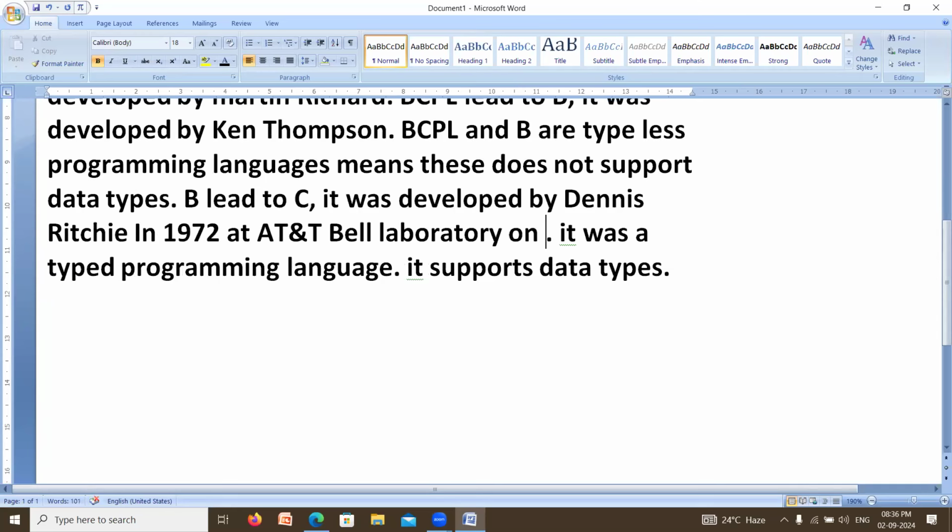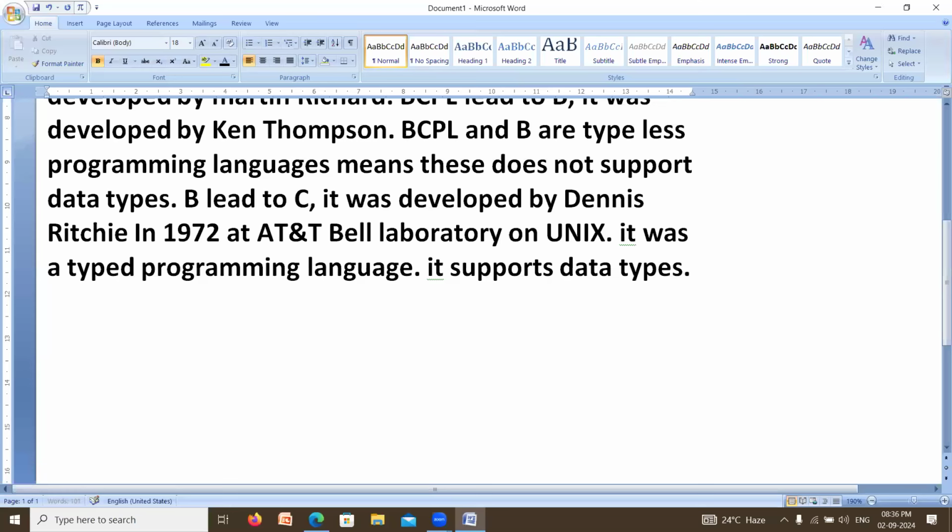It was developed on a computer with the Unix operating system, a Unix machine.